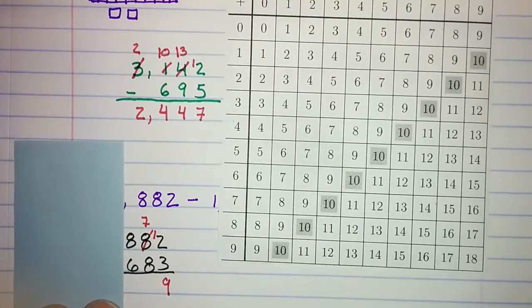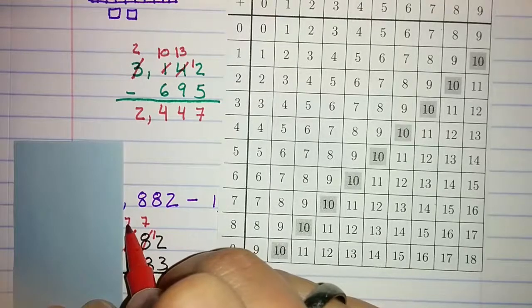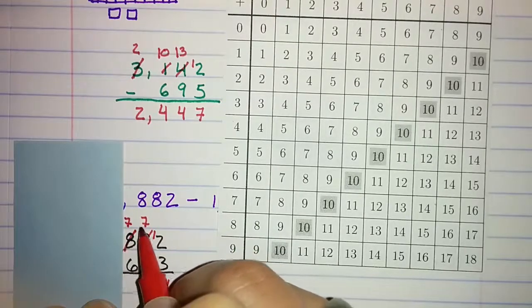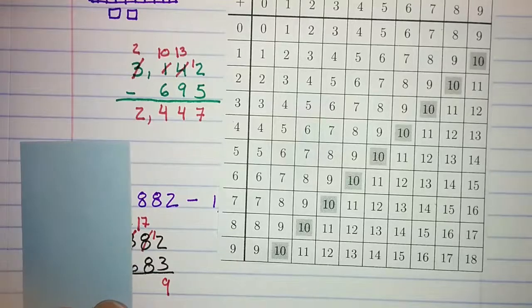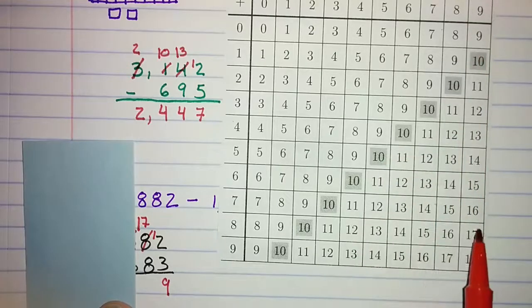So what should we do? Go over another place. Borrow 100. So we have 1 less 100, 10 more tens. 17 minus 8. 8 plus 9 is 17, so 17 minus 8 is 9.